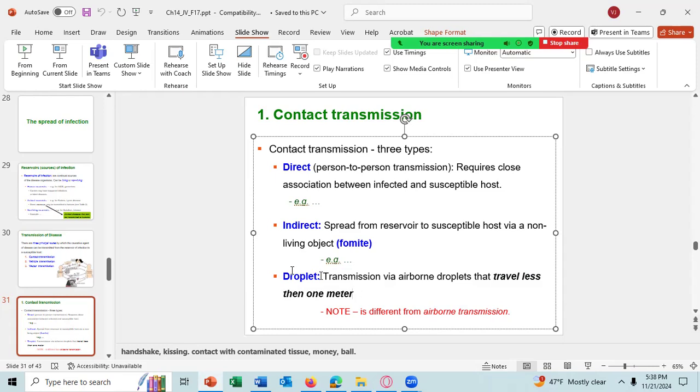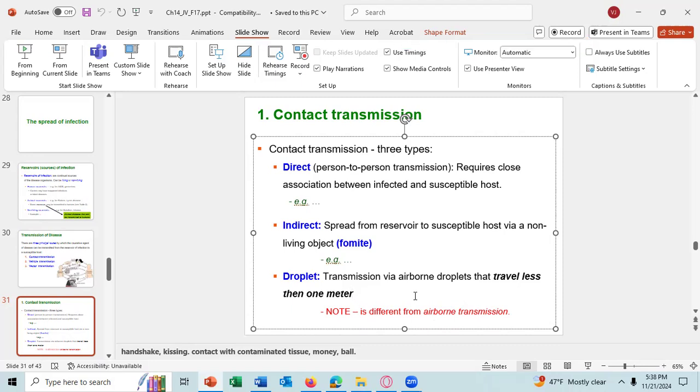The reason why I'm not going to ask you to learn about droplet transmission is it's very similar to a disease from a cough or sneeze that travels more than 1 meter, and that is called airborne transmission. Because it can be from the same cough or sneeze, the only distinction is the distance that the disease-carrying organism travels.